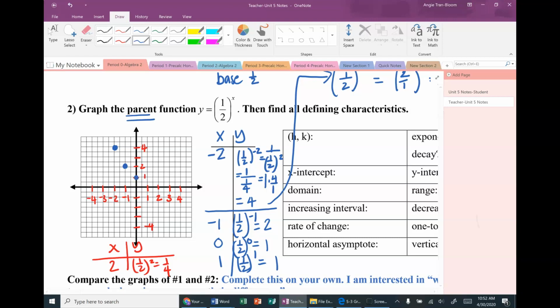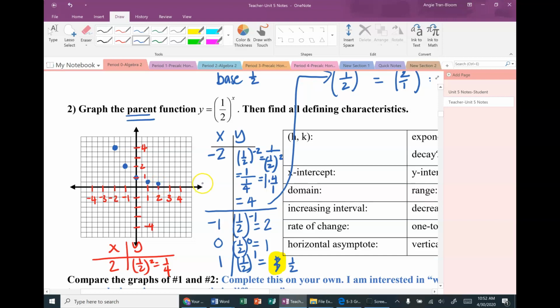Can you fix this for me right here? I wrote 1, but it should be 1/2. So at x equals 1, y is 1/2. And last one, when x is 2, y is 1/4.